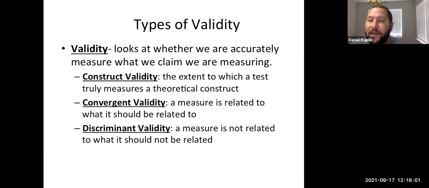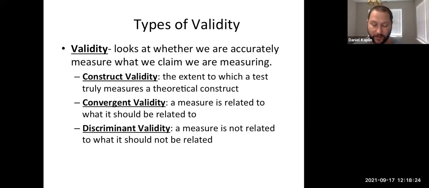We have things like construct validity, convergent validity, discriminant validity, sometimes referred to as divergent validity, face validity. There's a lot of different ones, but validity looks for truthfulness or accuracy of a measure. And here are some common ways to measure validity.